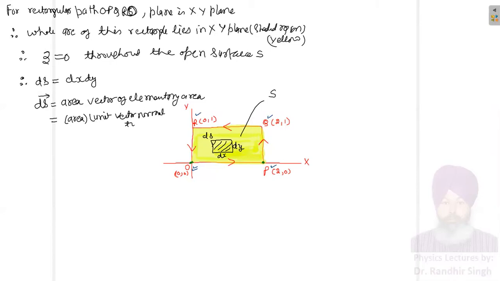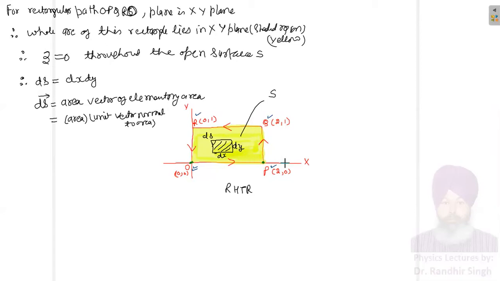Normal to the area. Now you see, since this is in x and this is in y, if I use the right hand thumb rule, RHTR, let me change the color of the pen.